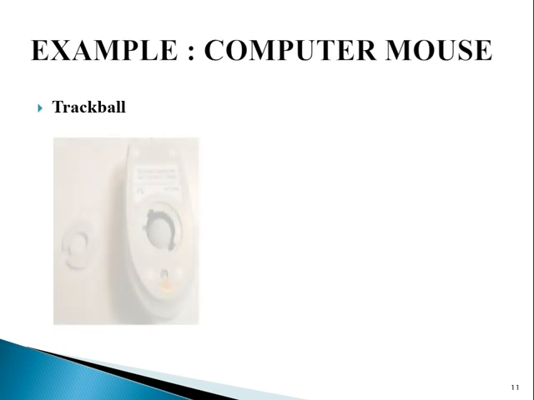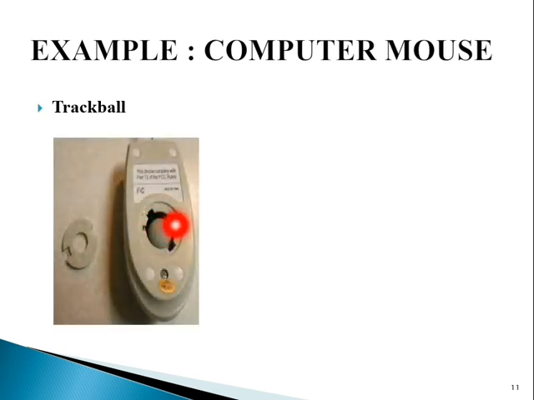Next is trackball. So the trackball is here. Okay, I think all of you are aware of this. In recent times the trackball is given on top for easy movement, but mainly in older times the trackball is provided here. Okay, so let us see its function. The trackball is a small rubber sphere on the underside of the mouse.